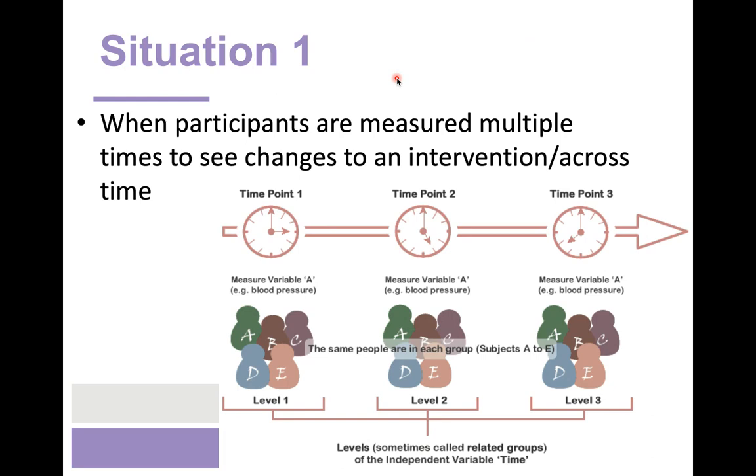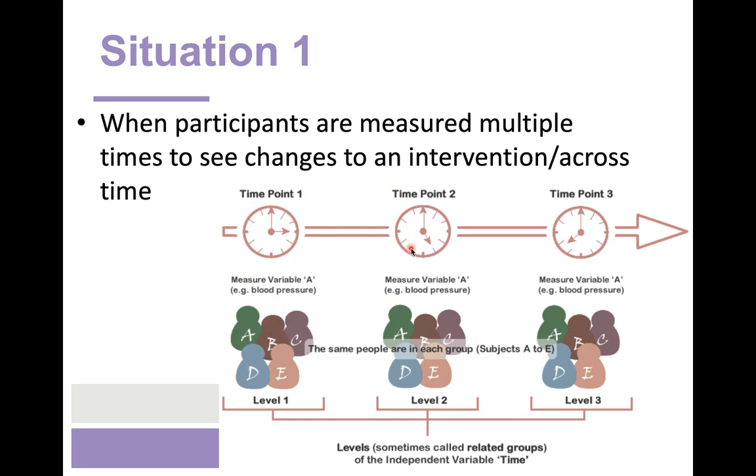So here we'll visualize the first scenario. We want to study blood pressure across 3 time points. Maybe we have given these people some kind of exercise or diet regimen. And so we measure their blood pressure at time point 1. And then they start doing our exercise and diet regimen.